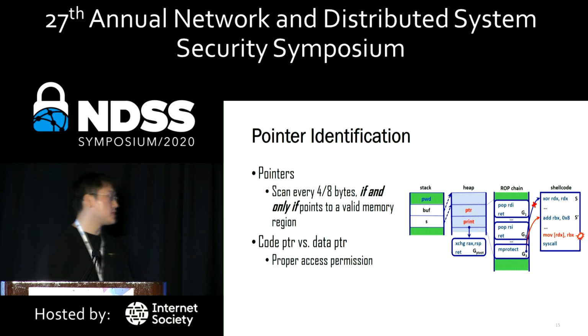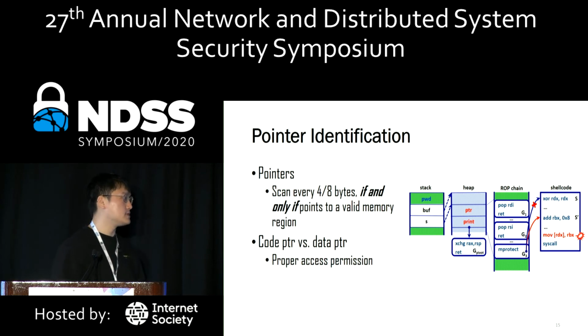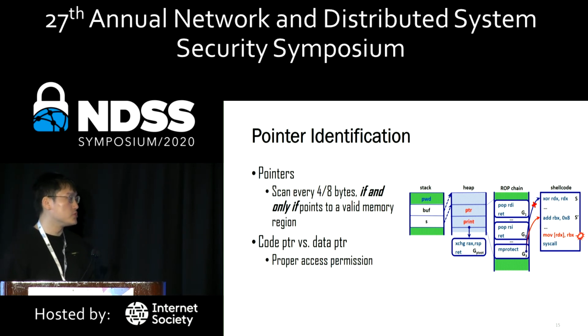One of the modules we designed is for pointer identification. To determine pointers, we scan every 4 to 8 bytes and see if it points to a valid memory region or not.